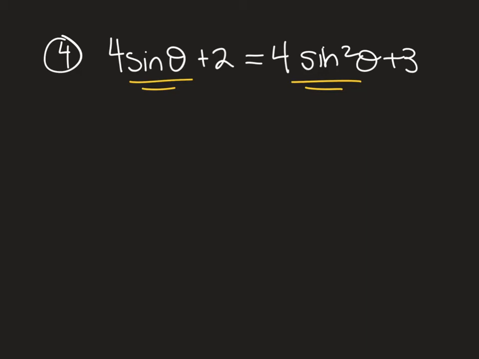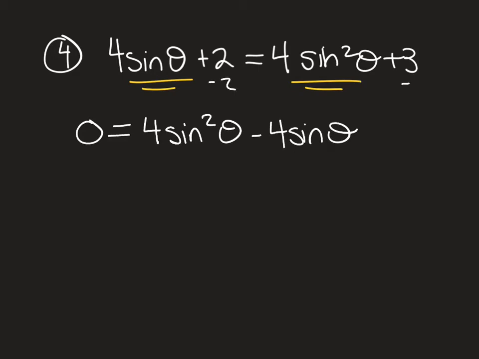So I'm going to move everything over to one side. On this one, I'm going to move the 4 sine and the 2 over. So I'm going to have 0 equals 4 sine squared theta minus the 4 sine theta I moved over. And I'm going to minus my 2 and minus my 2, so I get plus 1.